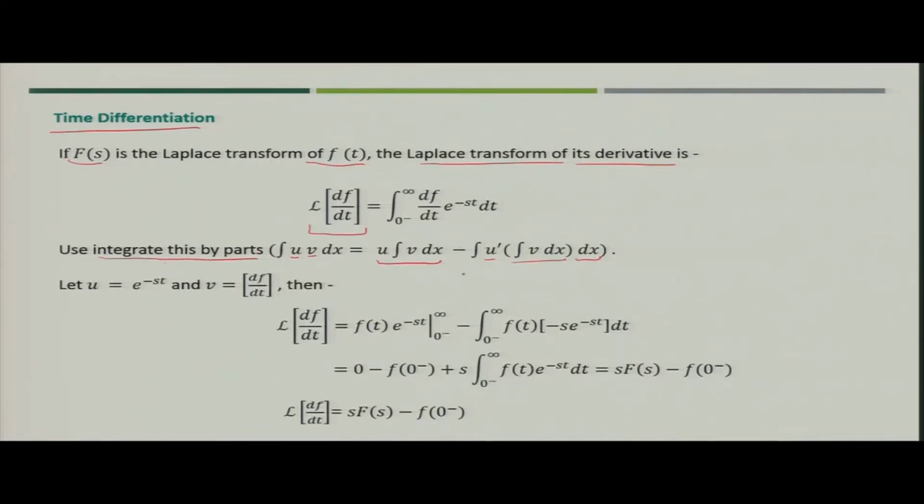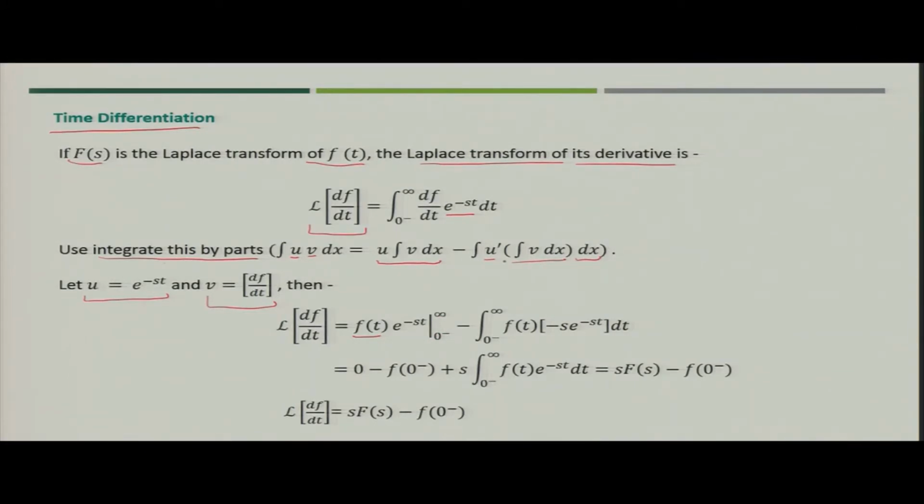The same property we will use for finding the integral of this particular equation. Here we will assume u is e to the power minus st and v is df by dt. Then the Laplace of df by dt can be given as, first, e to the power minus st, and then the integral of v dx, which will simply become f(t), evaluated between 0 minus and infinity.